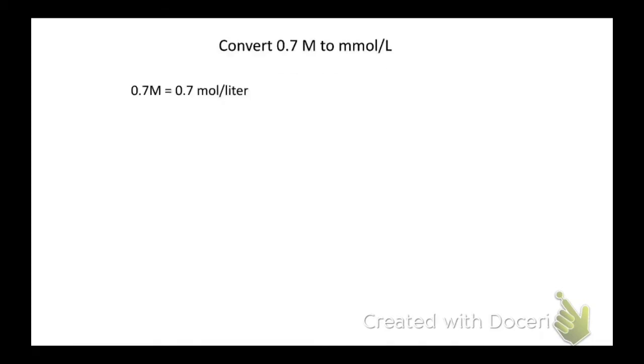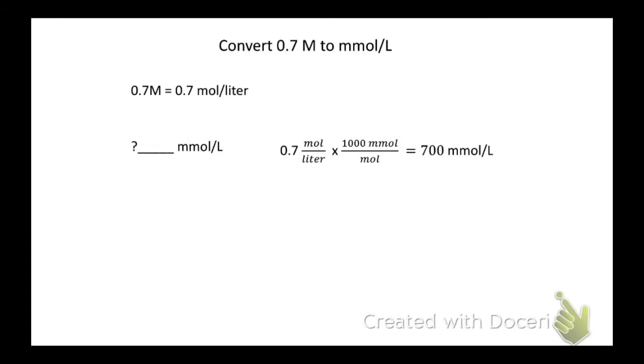Let's convert 0.7 molar to millimole per liter. So again, let's start with just rewriting this. 0.7 molar is 0.7 moles per liter, and if we're trying to find millimole per liter, we're going to do similar types of calculations.